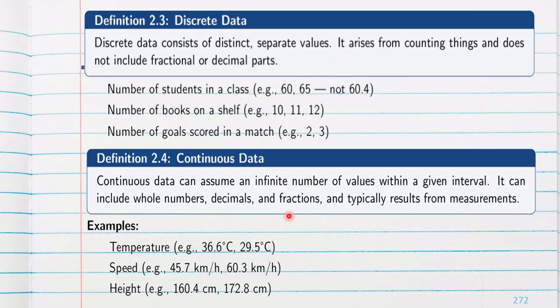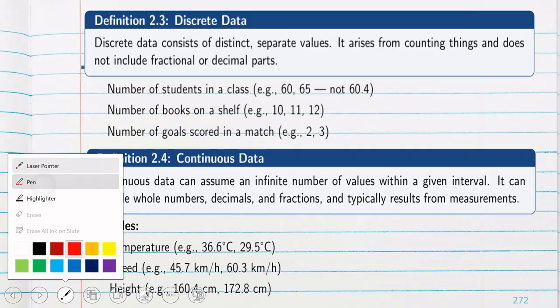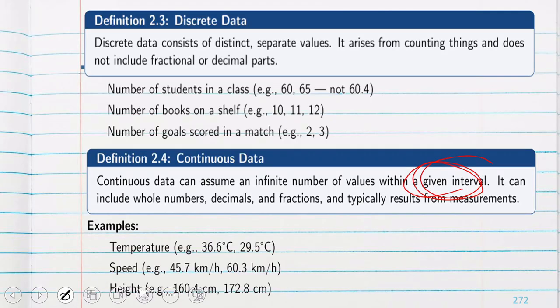And continuous data has an infinite number of values within a given interval. This is important. So within this interval, some values are counted, this is finite, and also this is countable. This is uncountable. Continuous data means uncountable.